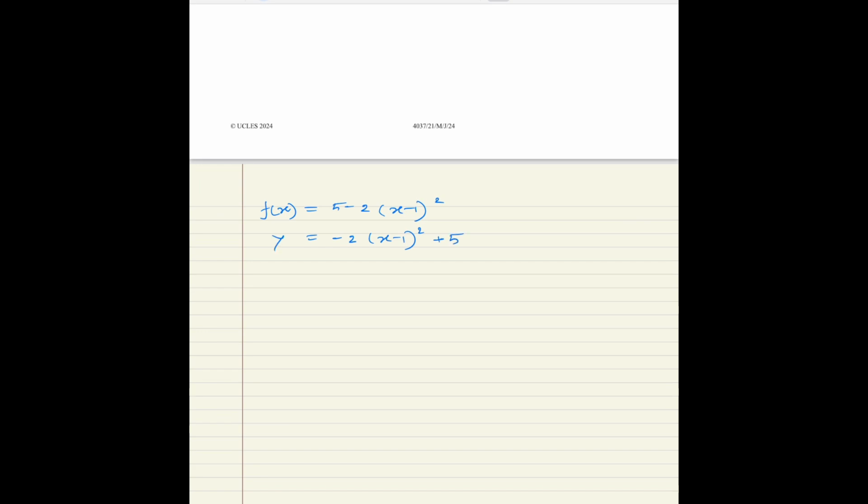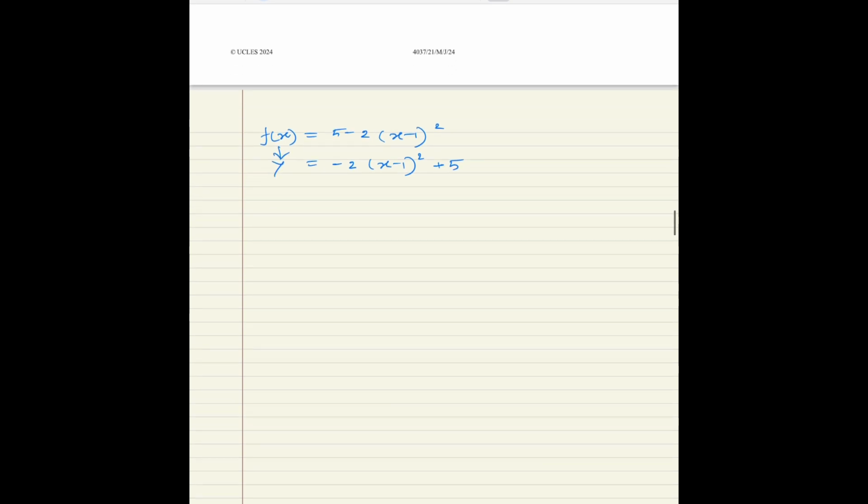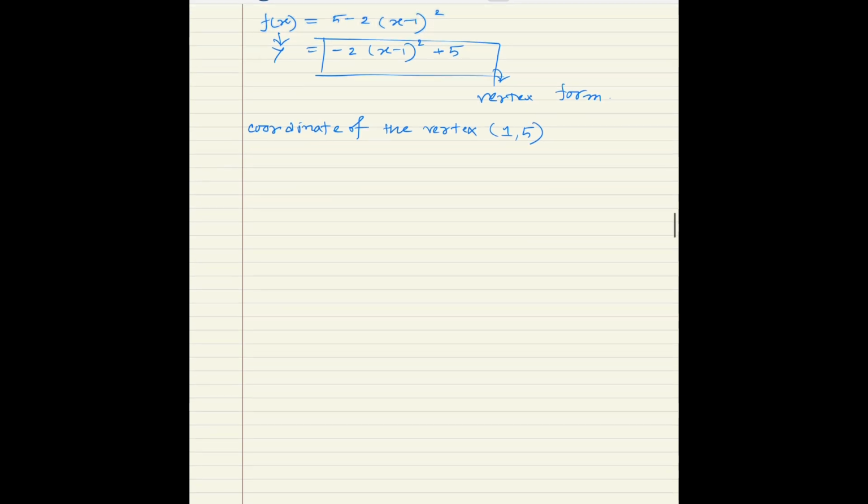So we can think of f of x as y. Okay, so this is a quadratic equation in vertex form. So the coordinate of the vertex is 1 and 5, and the graph will look like this.